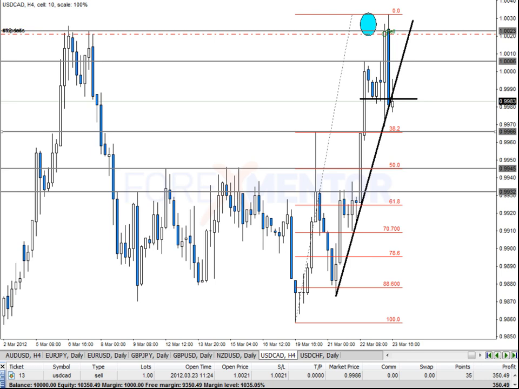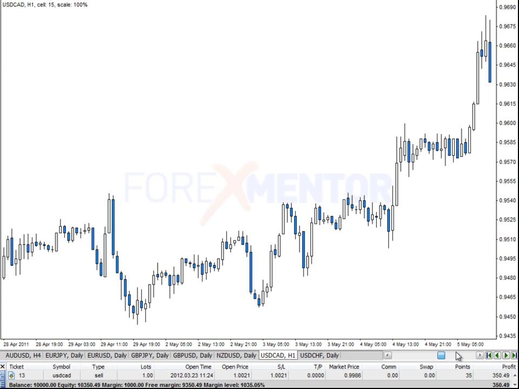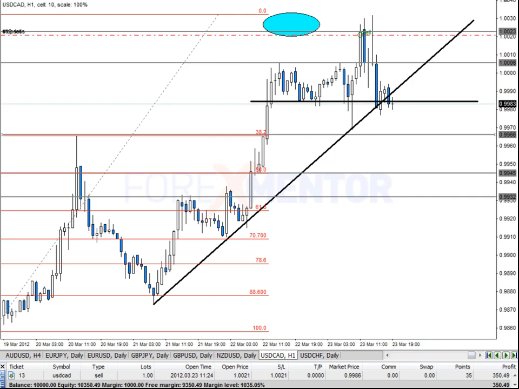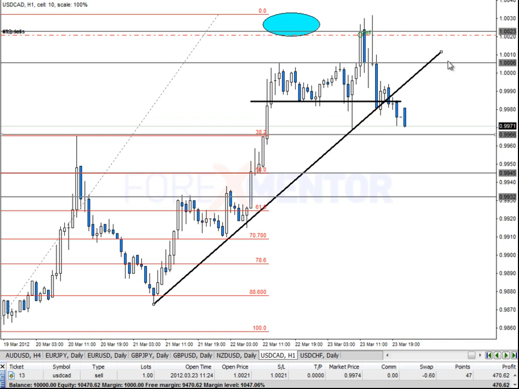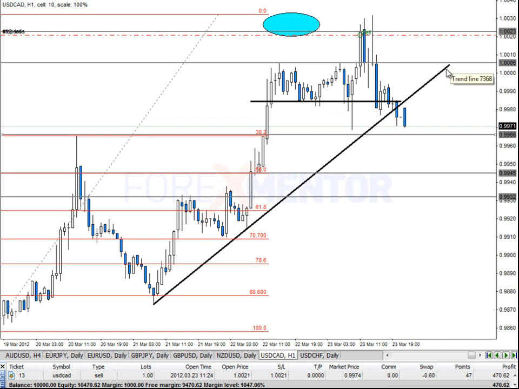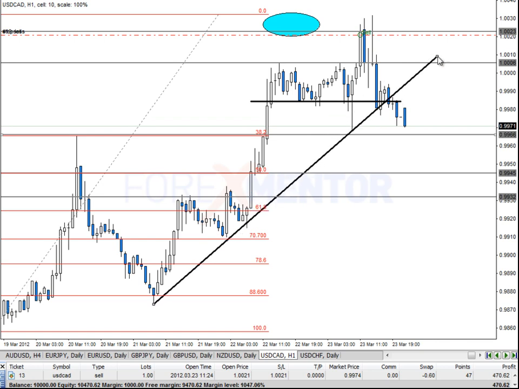So let's just move over to that hourly chart, and we'll follow price along here. Right at that. So you see how we've closed below that actual trend line, and you see how we've come back, retested this level. That's a good sign for price to possibly move lower here.